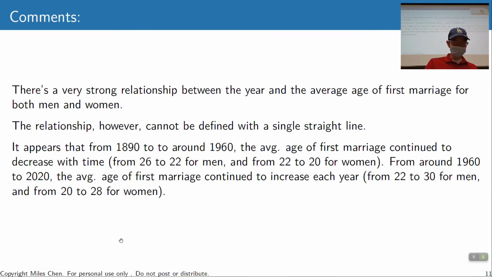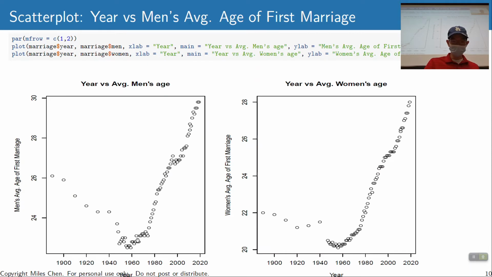And then consistently after 1960, average age of first marriage just kind of steadily climbs year after year, for the next 60 years, from 1960 to 2020. Down here, the lowest is at 22, climbing up to age 30 for men, and here around 20, climbing up to age 28 for women.